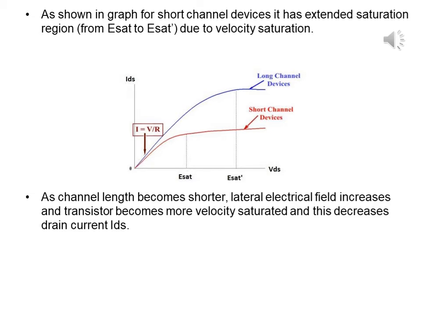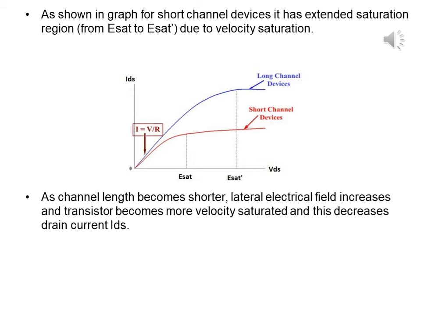As shown in the graph, short channel devices have an extended saturation region. You can observe in the red line, given for short channel devices, the extended saturation region is available between E saturation and E saturation dash due to velocity saturation.